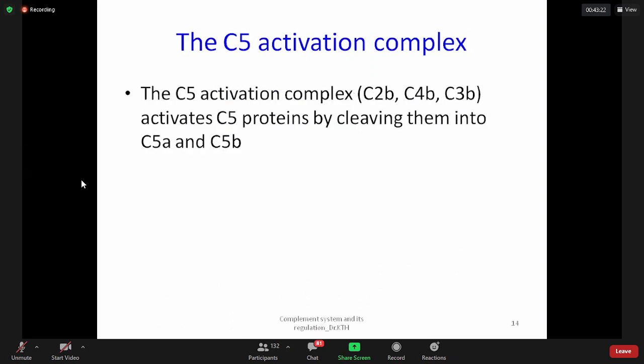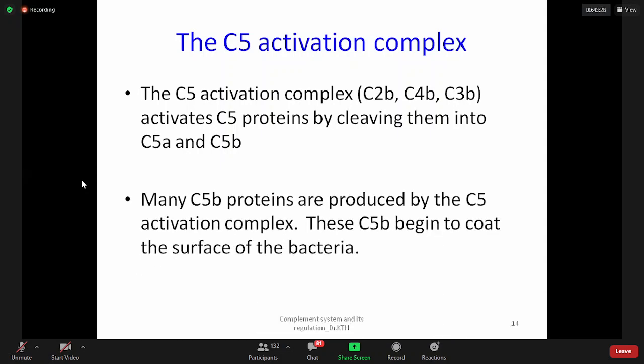And this will cleave C5 into C5A and C5B. C5A has similar functions like C3A. In other words, it attracts cells, but it also binds onto mast cells.